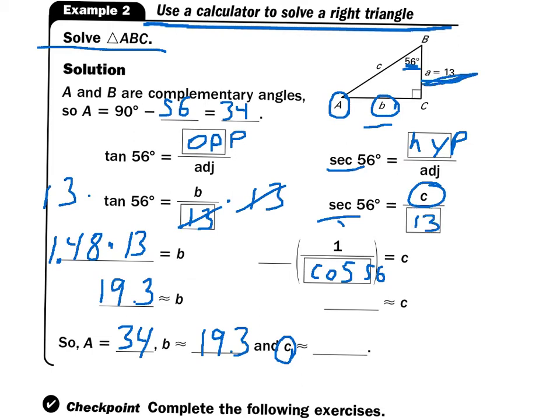So I can put that right there. So I'm going to do 1 divided by the cosine of 56 on my calculator, and then I'm going to multiply it by 13, and I'm going to get 23.24.